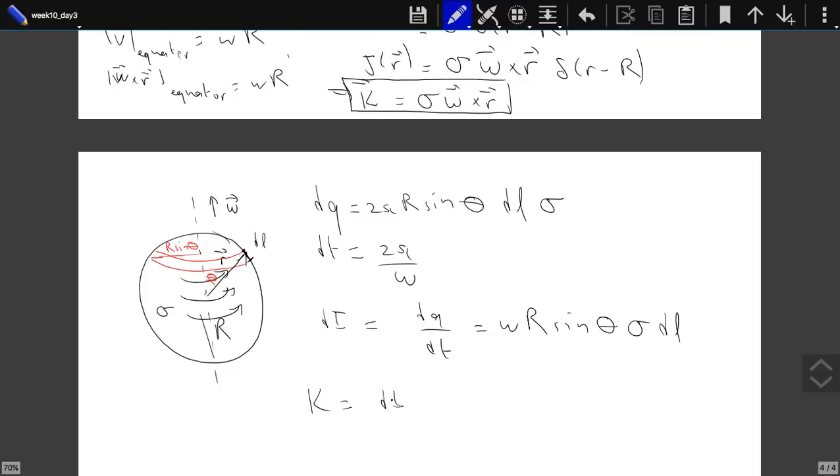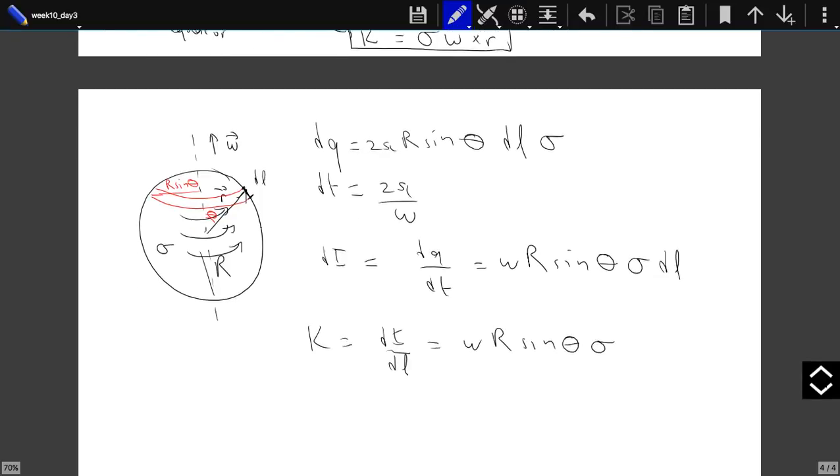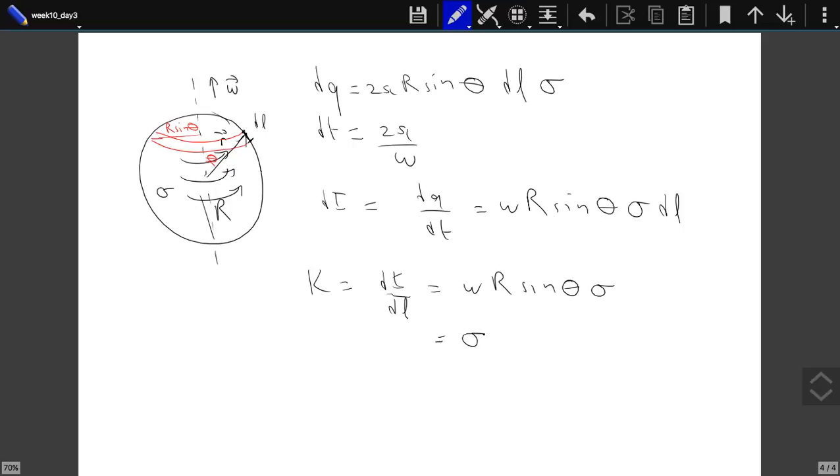Or K is equal to dI over dl, which is omega r sine theta times sigma, which is nothing but sigma times the magnitude of omega cross r. Well, if you just look at the direction of the K vector, it is also in the same direction as omega cross r. So the K vector and sigma times the omega cross r vector have the same magnitude, same direction, so they have to be equal.